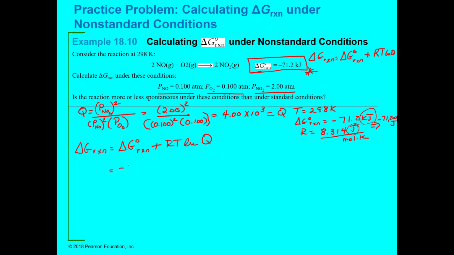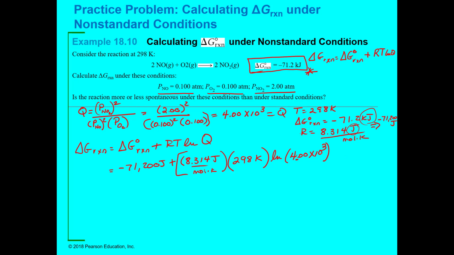All right, so you got a negative 71,200 joules plus 8.314 joules over mole K times 298 K, because it didn't say anything about being a different temperature, but I could have changed it, couldn't I? And I could put that in there. But since I'm comparing it to the standard condition, I want to leave everything else the same. And then times the natural log of my Q, which is 4 times 10 to the third.